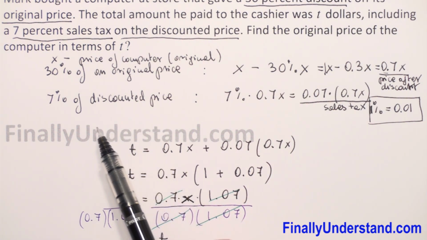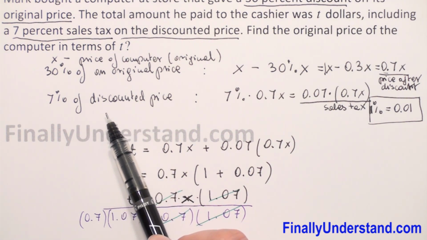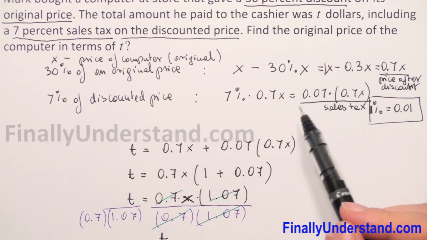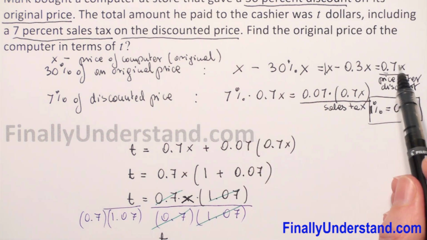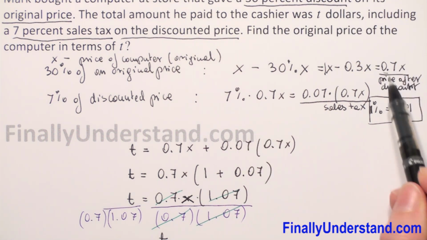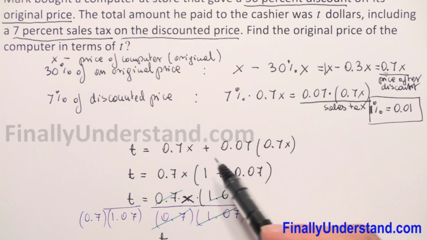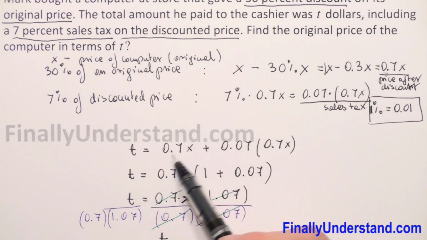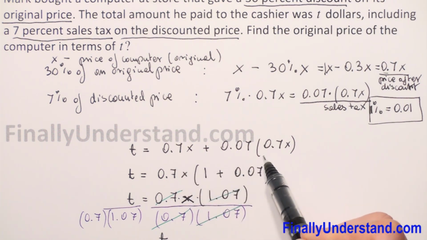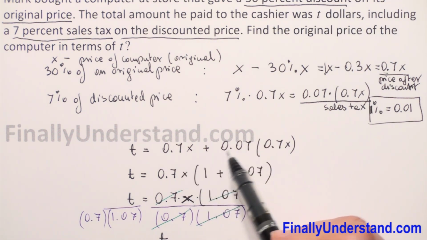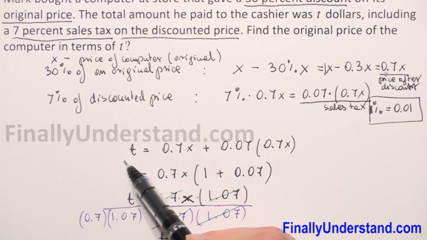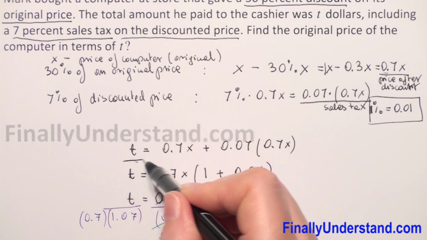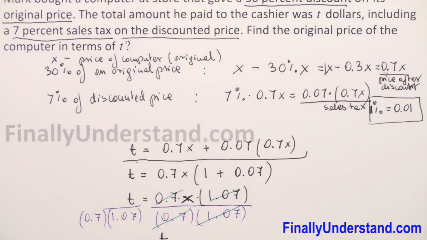Sales tax was 7% of the discounted price, so we take 7% of the price after discount, and the total he paid is the price after discount and sales tax. We have to add these two expressions, and we have to solve this equation for X. This is my solution.